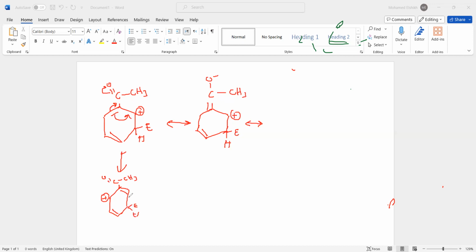And similarly, there is a probability here that the electrons can move into that direction.